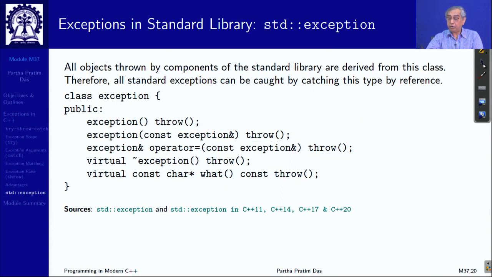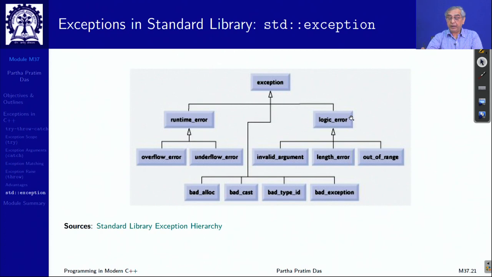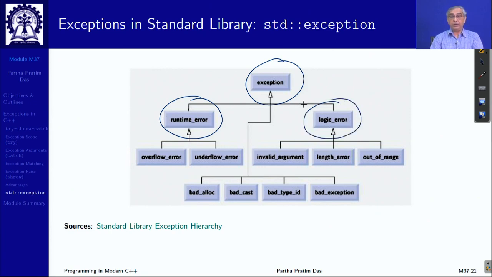Right. So, it is good to derive, to specialize your exceptions from this, so that the general interface remains the same. There are various specializations of this class exception. Broadly there are runtime and logical errors, like runtime is overflow, underflow in arithmetic, logical is invalid argument, length error, out of range, and so on.